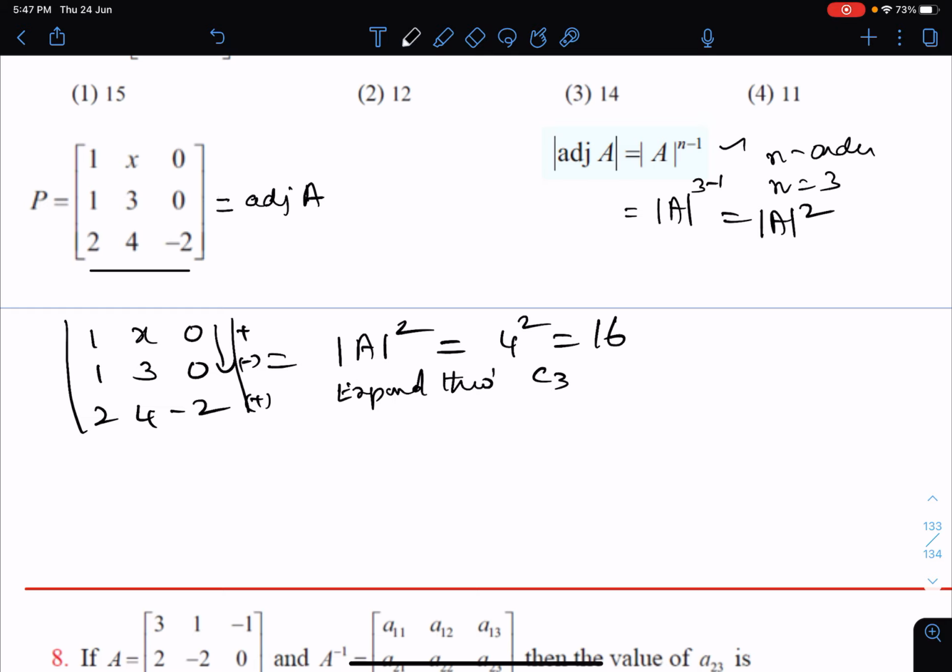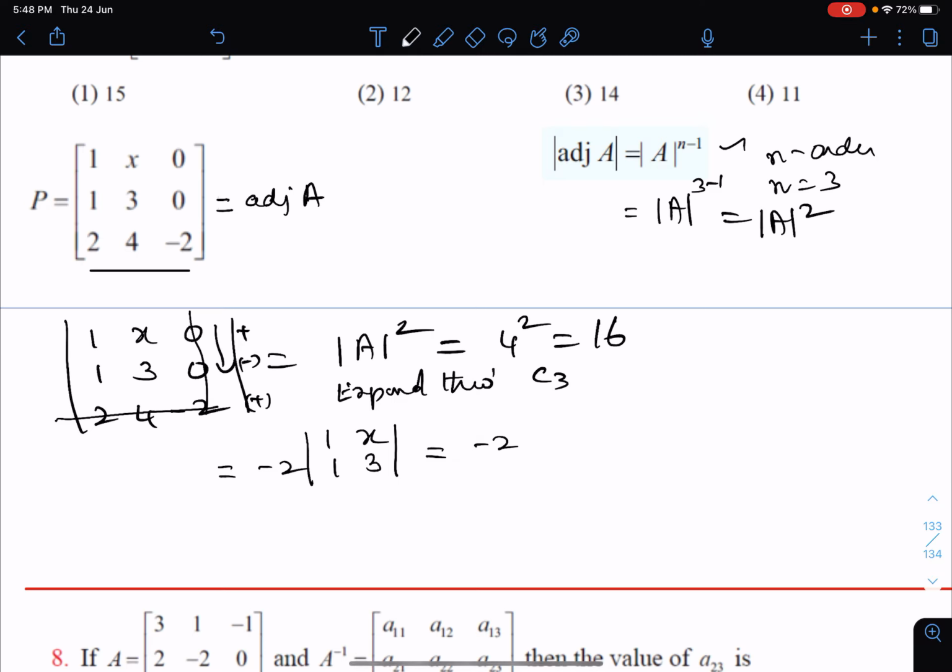Deleting the corresponding row and column, the determinant value will be the minor with 1, x and 1, 3, along with minus 2, because the other terms are 0 into minus 0.